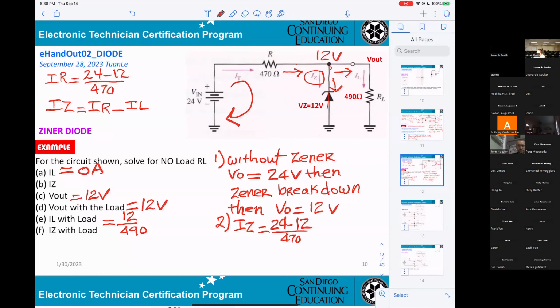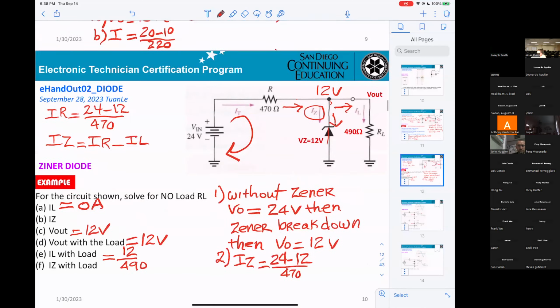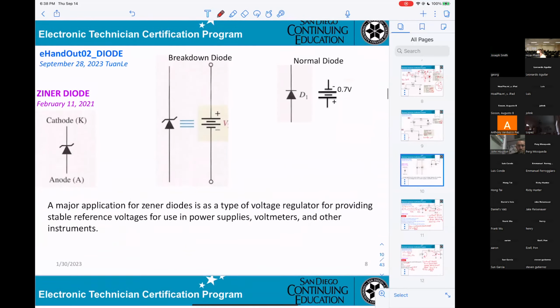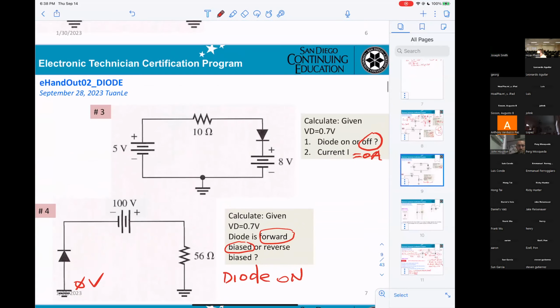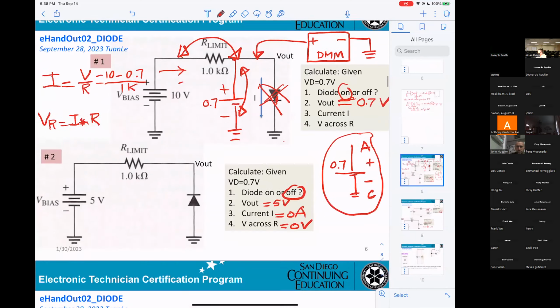The diode symbol. Not the Zener, the diode. This side positive, this side negative. Yeah, that's at the beginning.